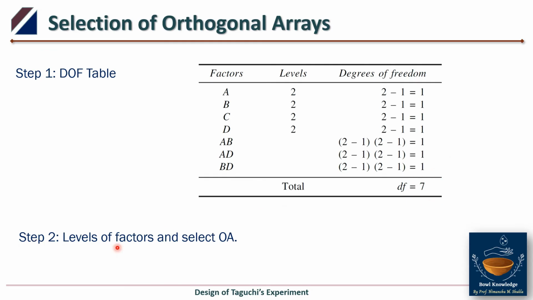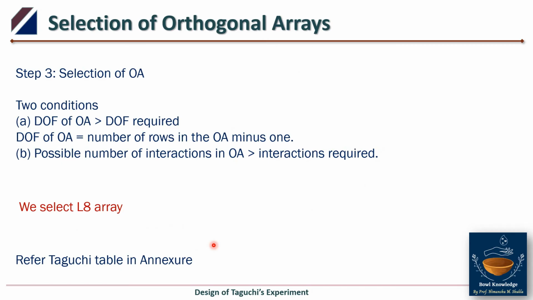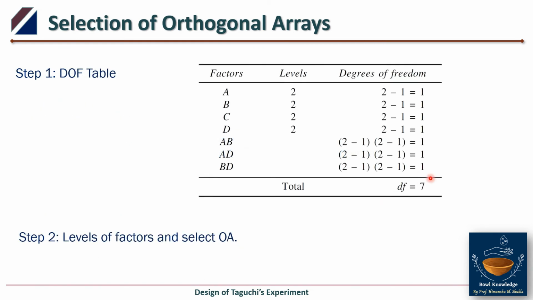Now step number 2 is levels of factor and select OA. So how to select it? There are 2 conditions. Number 1 condition is DOF of OA should be greater than DOF required. Again, I will go back to the slide. What is the DOF required? It is 7.